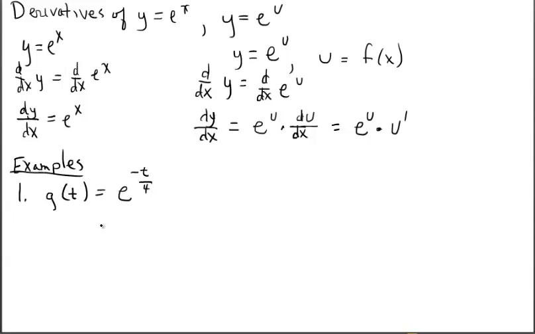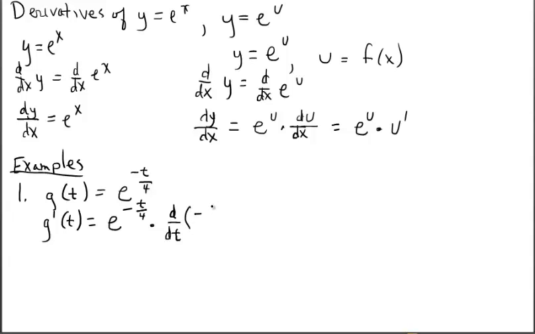Consider the exponential function e raised to the -t divided by 4. If I wanted to find this derivative, I'm going to consider that the outside function is the natural exponential. So the derivative is itself times the derivative of the inside function. Well, the inside function is the exponent here.